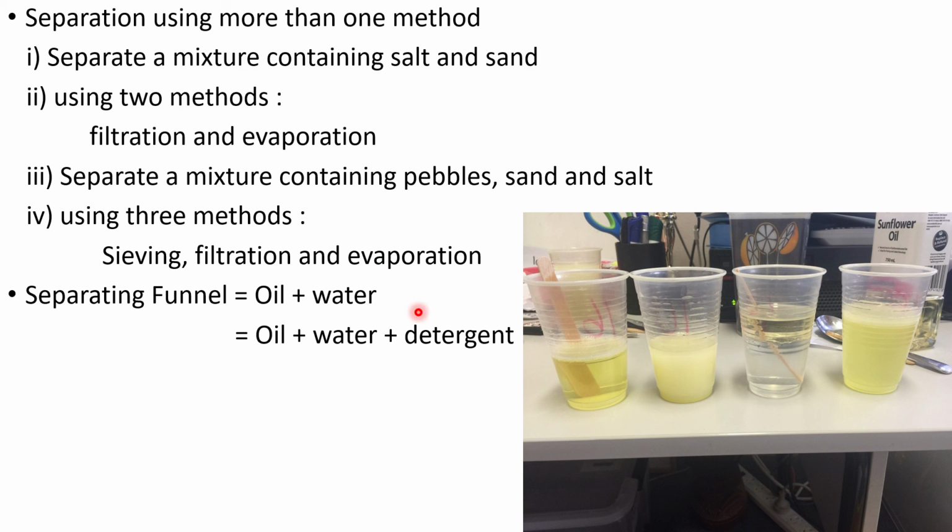Oil and water you can separate easily. But if you add detergent to this oil and water mixture, the detergent leads to the formation of tiny droplets of oil, and that makes it very difficult to separate, as it forms a milky emulsion-like solution. It is very difficult to separate oil from water now. So with this fact, I would end this video lecture.